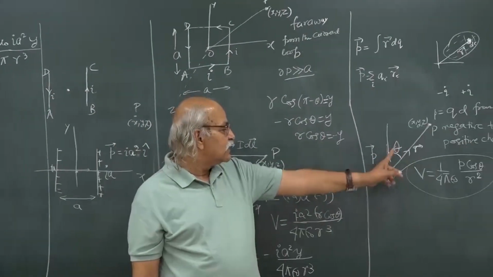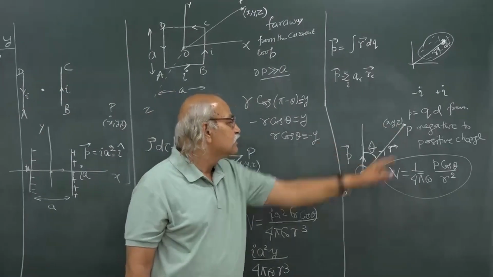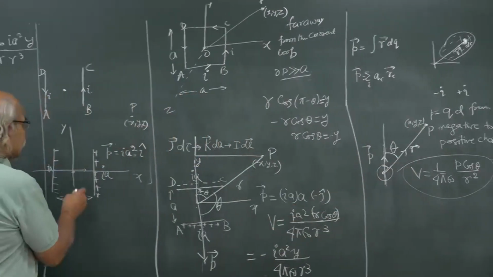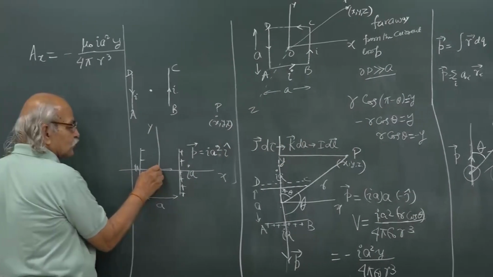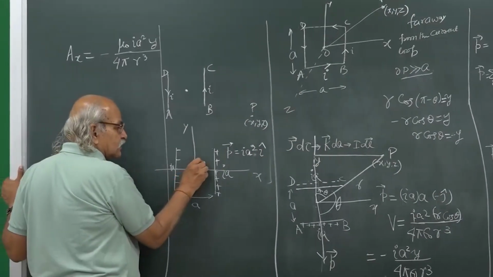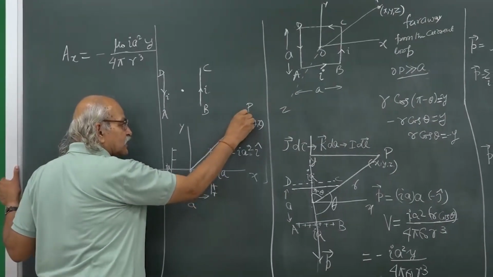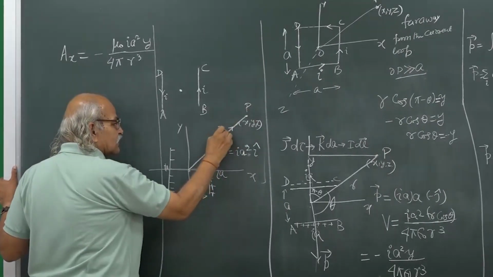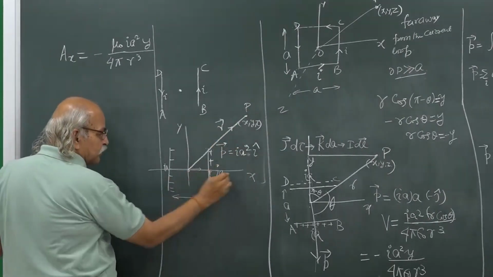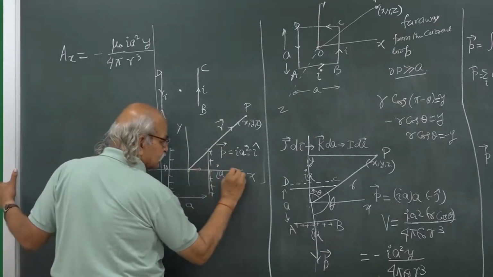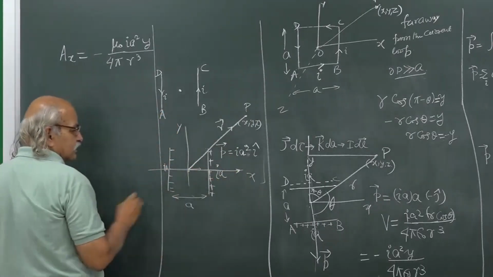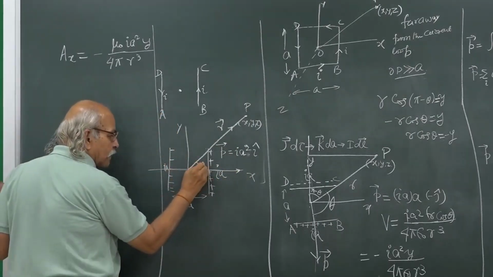Cos theta is the angle between the dipole moment and this r vector. Here, this is the r vector. This is origin, and I need this potential here. So, this is r vector, and the dipole moment is along the x axis. This is the dipole moment in this direction. So, this angle is theta.